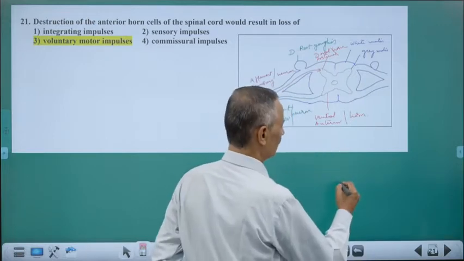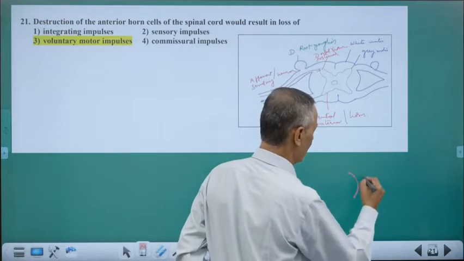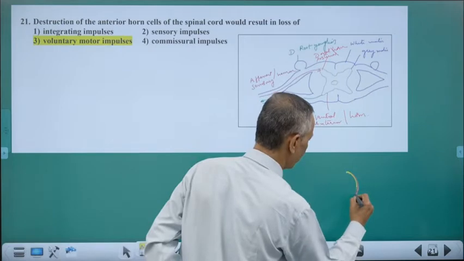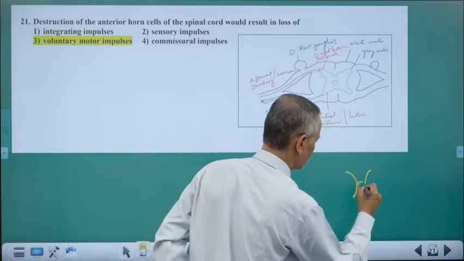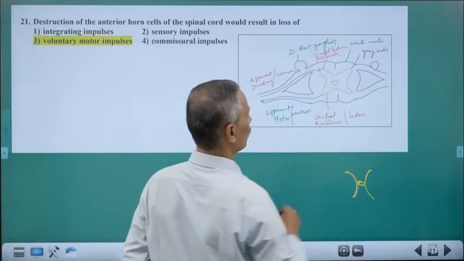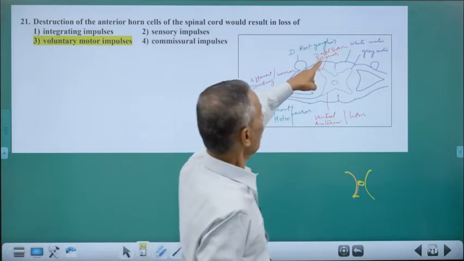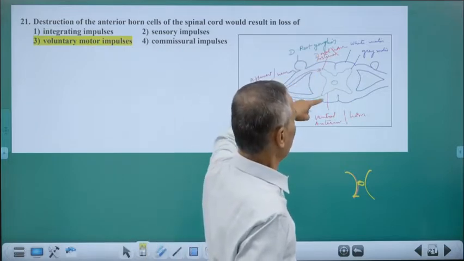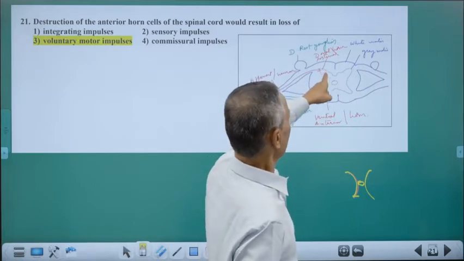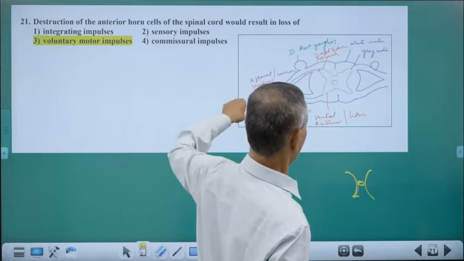So we can simply say that the structure of the spinal cord is almost like a letter H. These are the 2 dorsal horns and these are the 2 ventral horns. Dorsal horns are posterior and ventral horns are anterior. Sensory nerves are connected to the dorsal horn and motor nerves arise from the ventral.